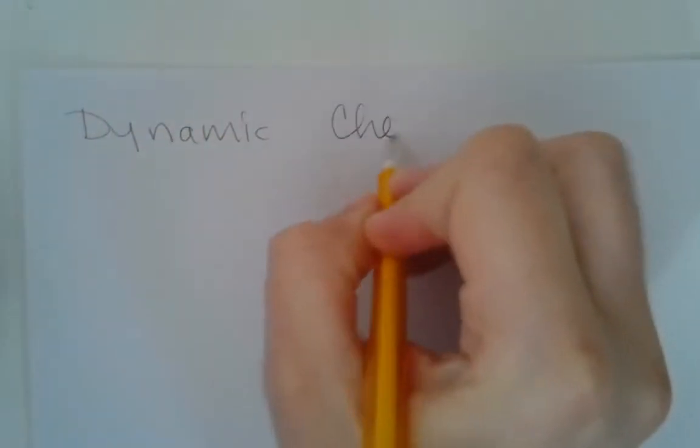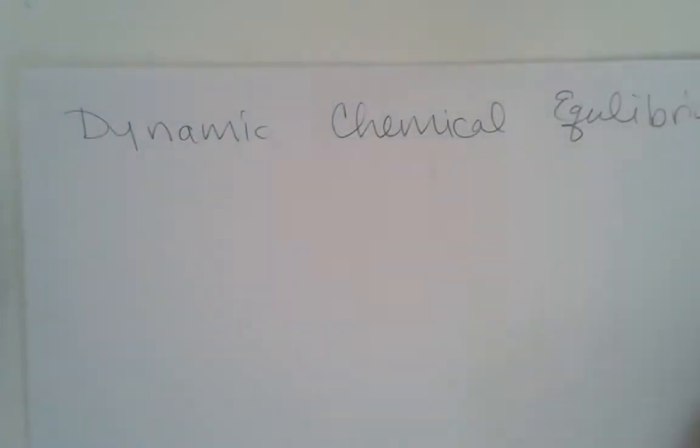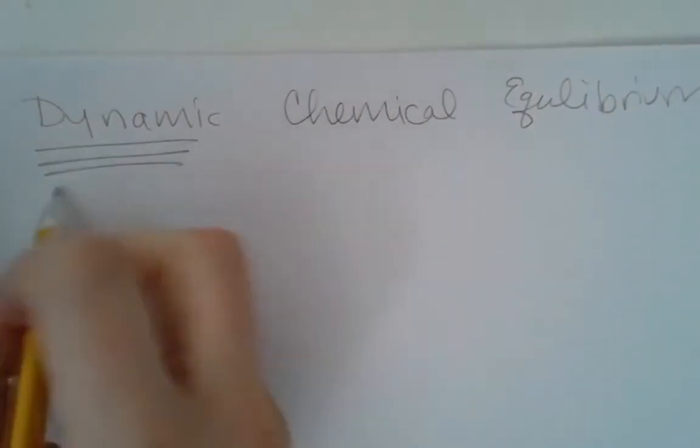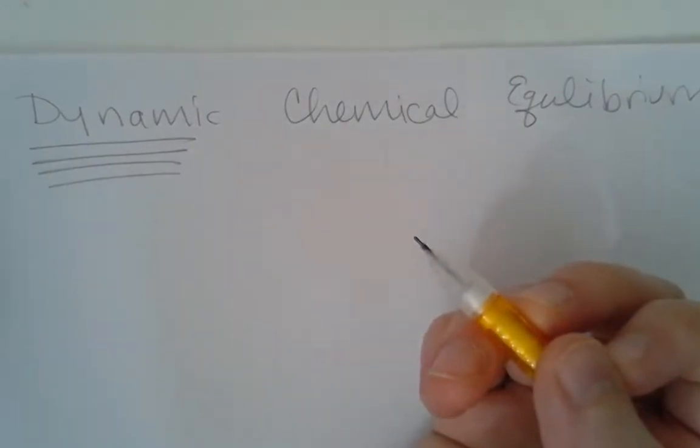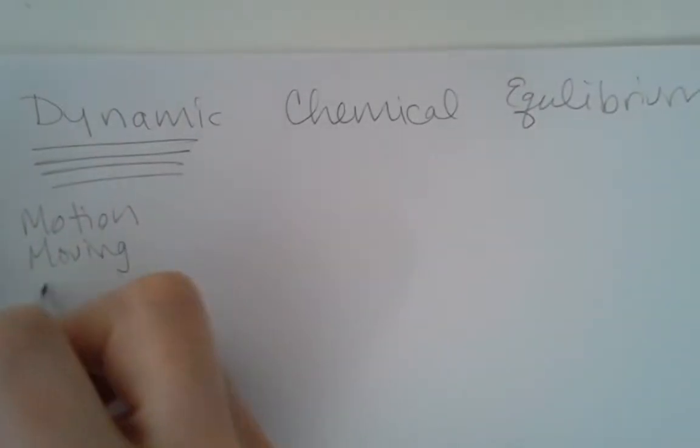So today's topic is dynamic chemical equilibrium, and this is going to be fascinating to teach using a piece of paper and a dot cam, because the whole idea here, dynamic chemical equilibrium, the key idea and the thing that is most often confusing is this part right here, dynamic, which means motion, moving, active.